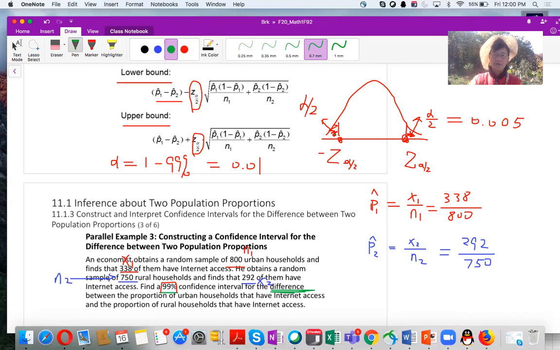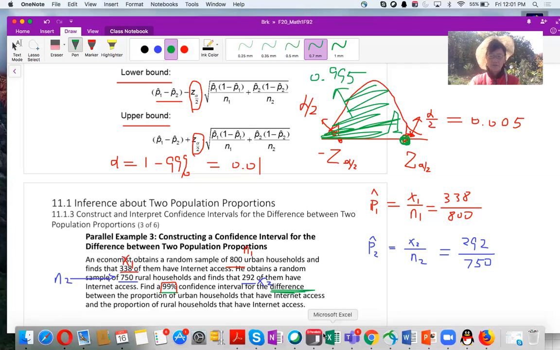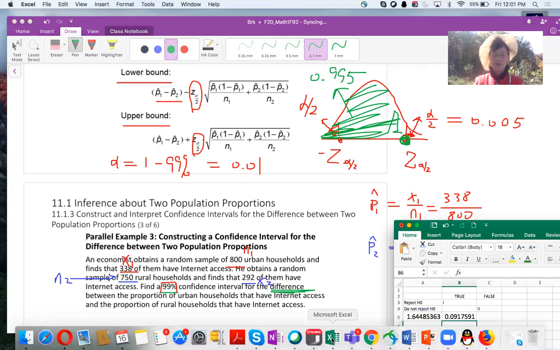So when I use Excel, my objective is to find this point. And Excel is based on the area to the left. What is this area here? If I have this right tail 0.005, this big area must be 0.995. And then I go to Excel, and this 0.995 is my probability in Excel.